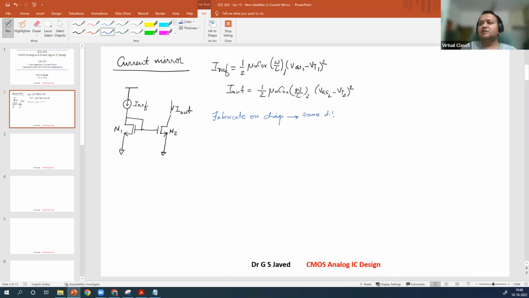Some difference will appear. Now, these differences can be broadly classified into three items. One, channel length modulation, or what we have commonly been calling CLM.